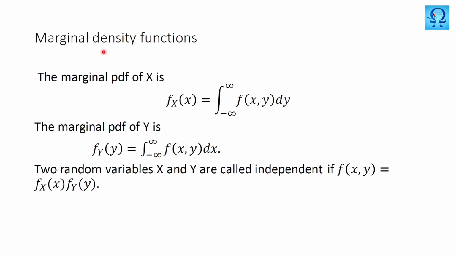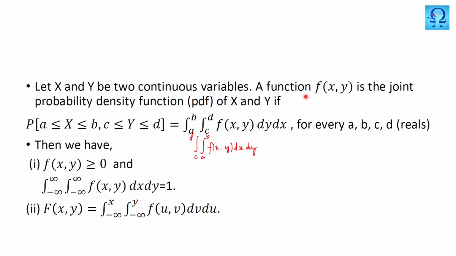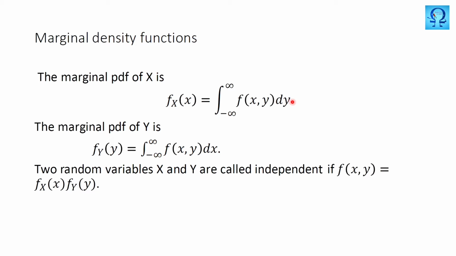Just like we had the marginal PMF, here we have marginal density functions. Given the joint density function of two variables, how are we going to find the density function of a particular variable? So f_X(x) is just the integral of this density function with respect to y.